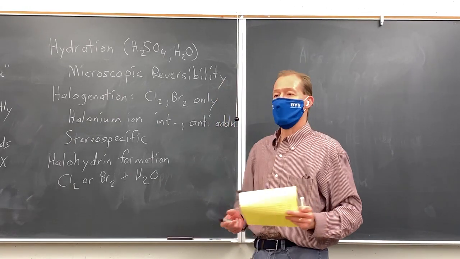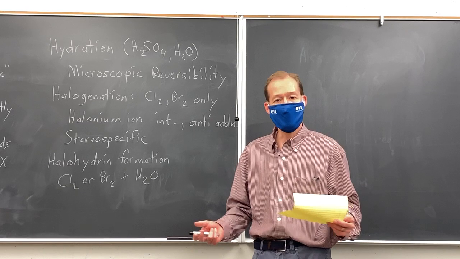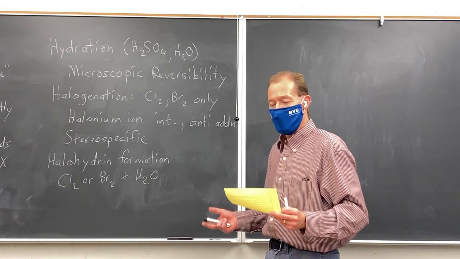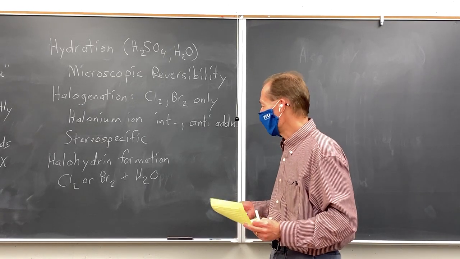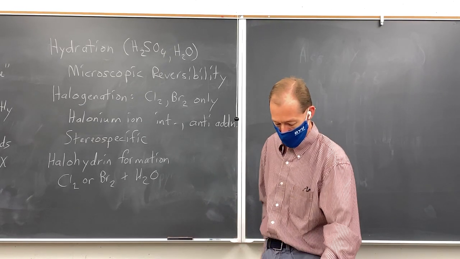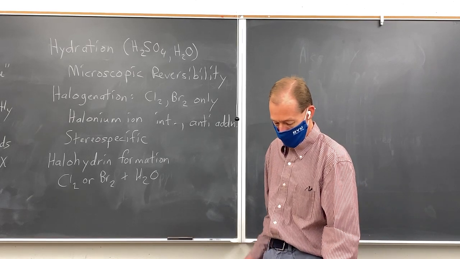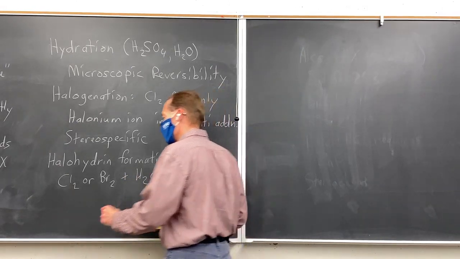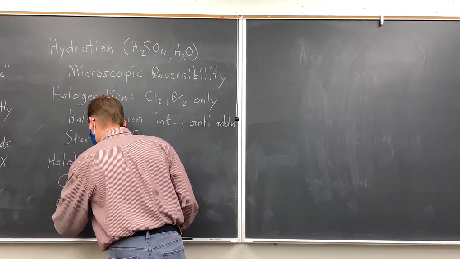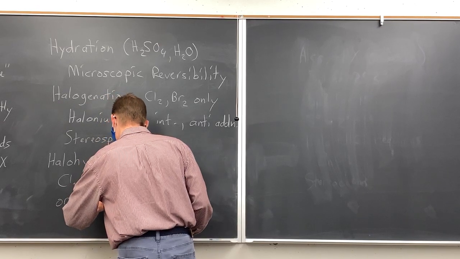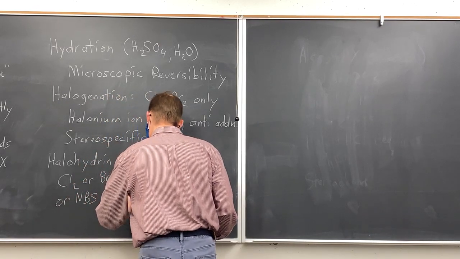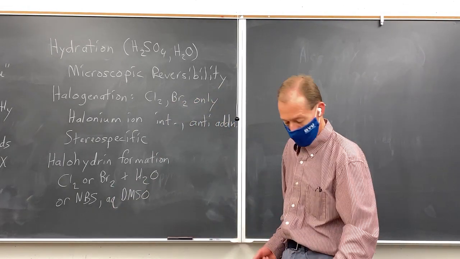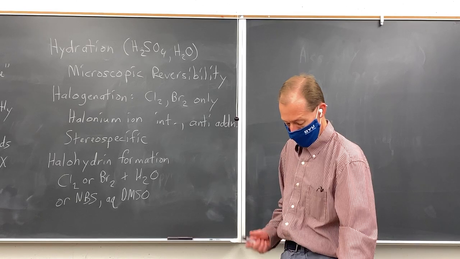And because we use a large excess of water, typically as a co-solvent in this reaction, it's able to open that key halonium ion intermediate in preference to the halides, which are present in much lower concentrations. We also had an alternative set of conditions that we could use. We could use N-bromosuccinimide in aqueous DMSO if we wanted to avoid the stinky bromine if we're making a bromohydrin.